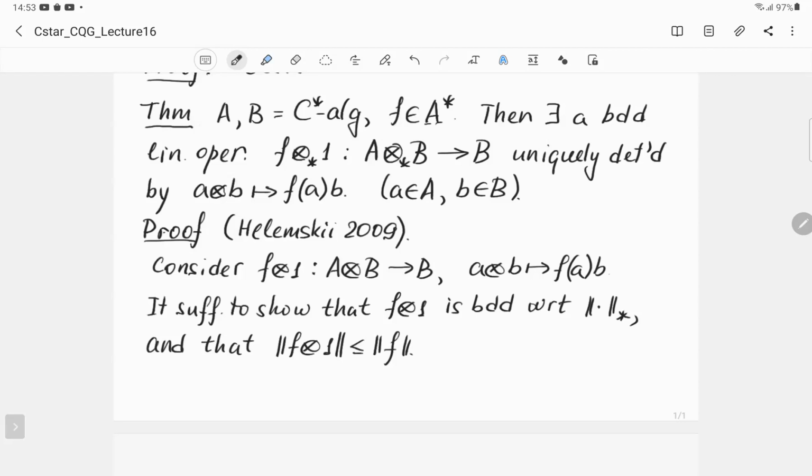Oh, by the way, I forgot to tell you that, so let's write the respective statement in here. So moreover, the theorem states that the norm of this map, of the slice map, is equal to the norm of f.